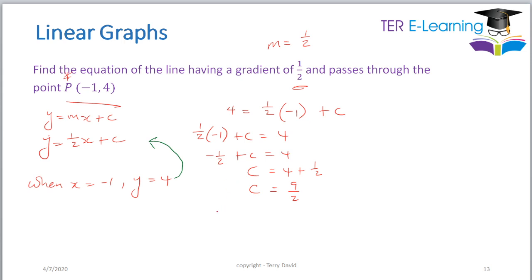Yeah, so c is 9 over 2. So therefore, the equation of the line, all right, is y equal to a half x plus 9 over 2. Anybody got that? Or everybody got 7 over 2?